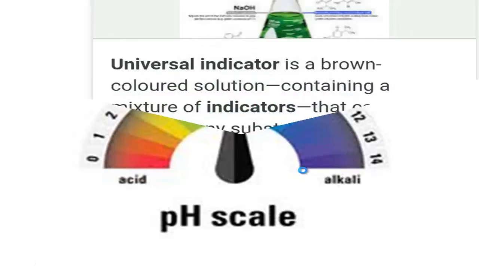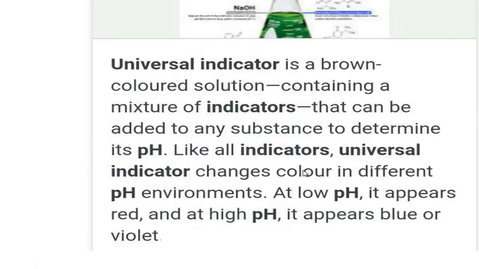Now we will learn about another system of determining the pH value, and among them one is the universal indicator. Universal indicator is actually a brown colored solution containing a mixture of indicators. That means inside the universal indicator different types of acid or base indicators are mixed, and when we add this universal indicator dropwise to any substance, we can easily determine its pH. How?